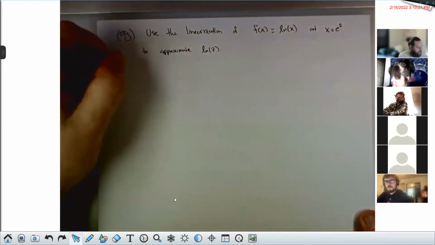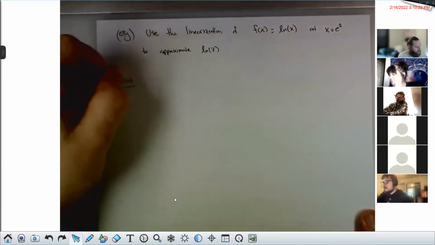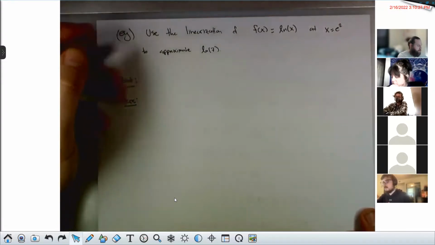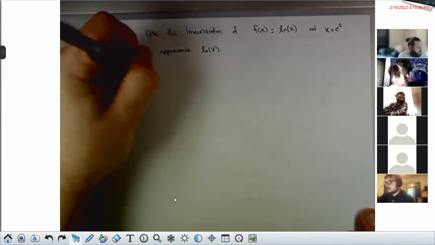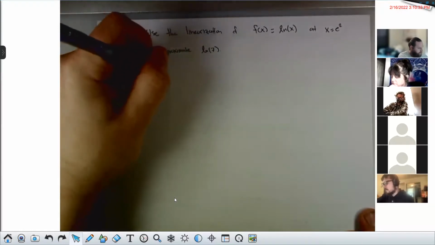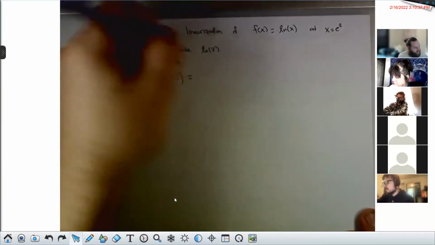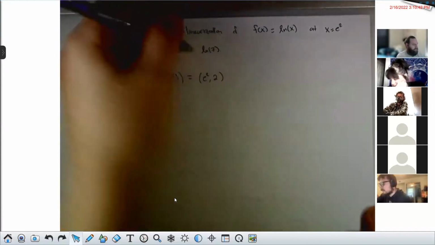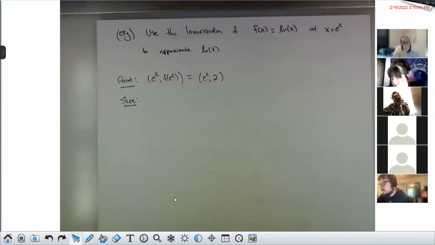So again, this is really a tangent line thing. Nothing more than that. My point is going to be e squared, comma, f of e squared, and the natural log of e squared is 2, so that's e squared, comma, 2.